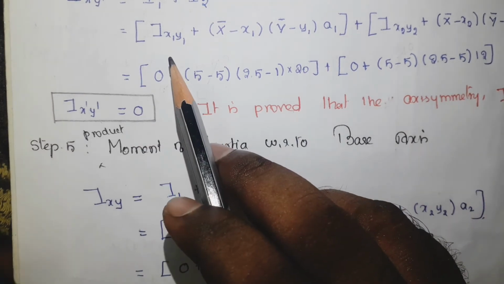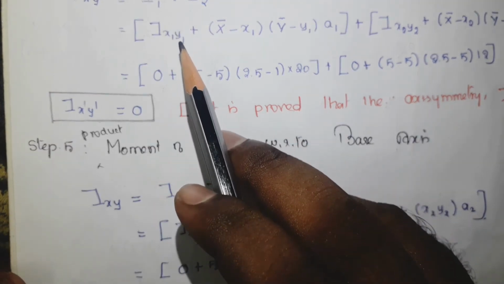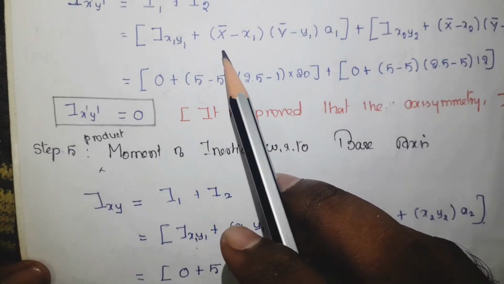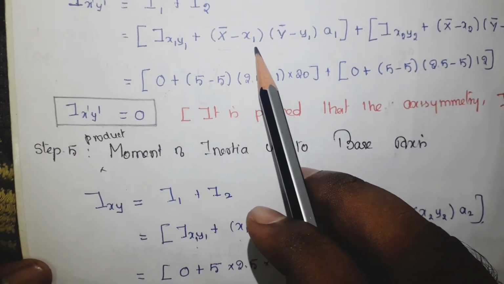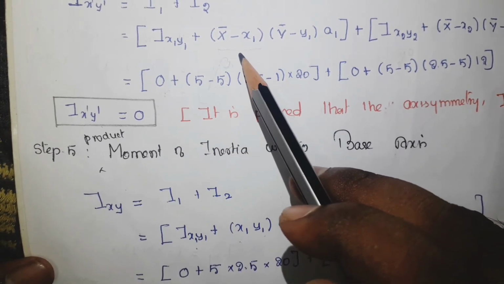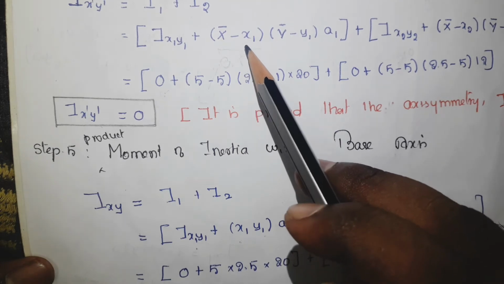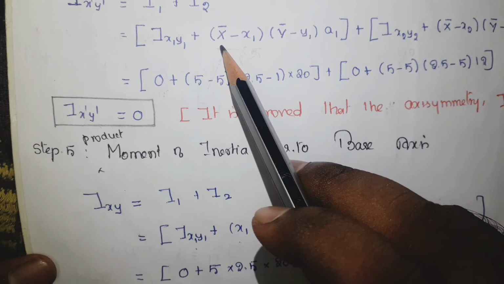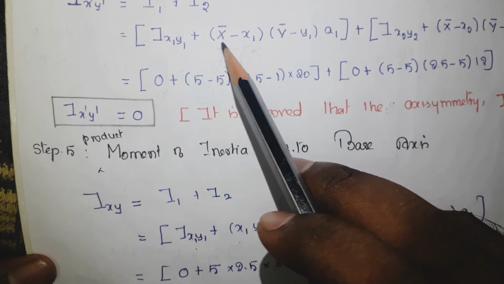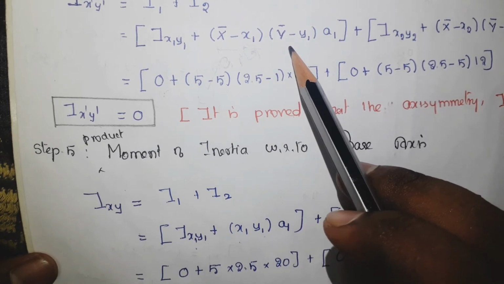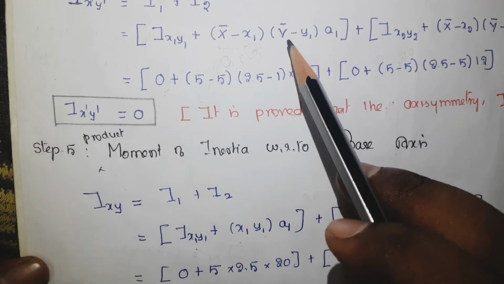So I x1 y1, which is nothing but the product moment of inertia for the first rectangle, plus the distance between G1 and capital G. With respect to the y axis, this is the distance x bar minus x1, and here also the same thing, the distance between G1 and G, but with respect to the x axis.